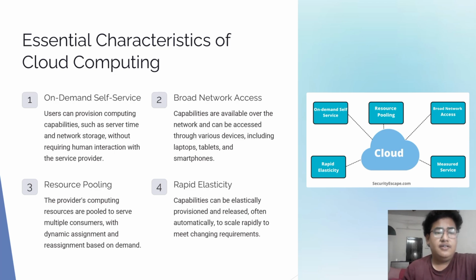This characteristic means users can provision computing resources like storage or processing power automatically whenever they need it. Imagine being able to add more storage to your account without waiting for someone to approve it. The cloud allows this kind of instant access, empowering users and increasing flexibility.